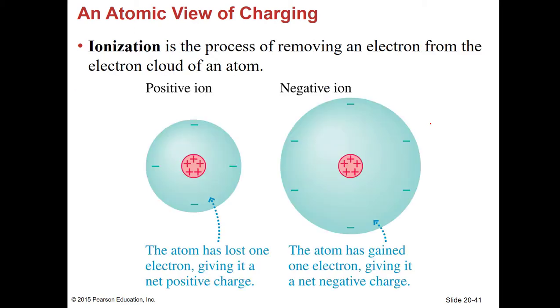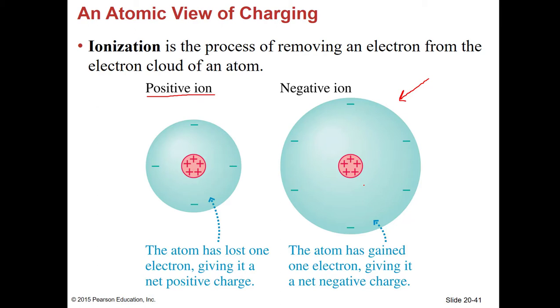So ionization is when you actually lose or gain electrons. Negative ion here, you've actually gained electrons here. Positive ion, you've lost electrons. So you've lost an electron. Here you've gained an electron. It just depends on what the substance is. You probably know that from chemistry.